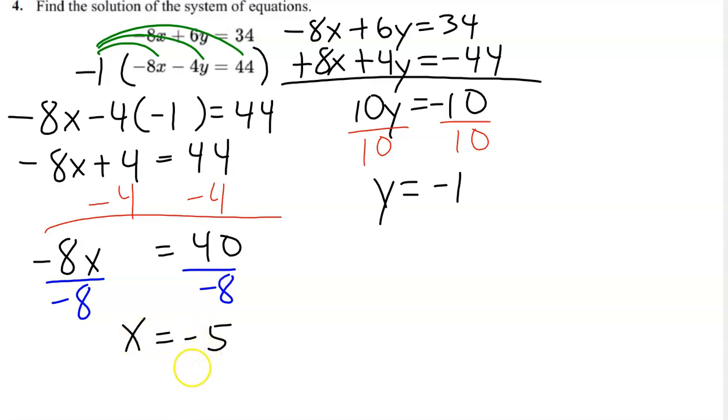And then x is equal to a positive divided by a negative, which is a negative, and then 40 divided by 8 is 5. So my point is -5, -1.